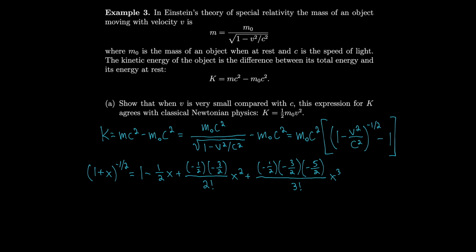We're just writing out the Maclaurin series, and so on. So that ends up becoming 1 minus 1/2 x plus 3/8 x squared minus 5/16 x cubed, and so on.